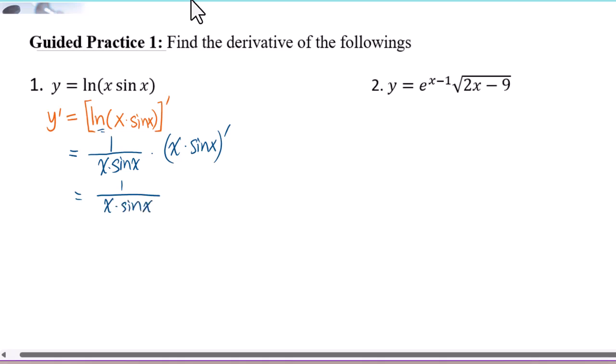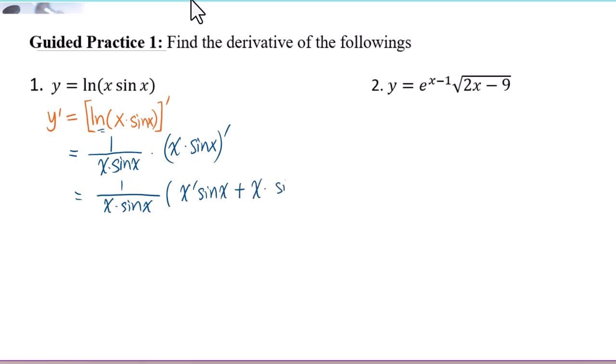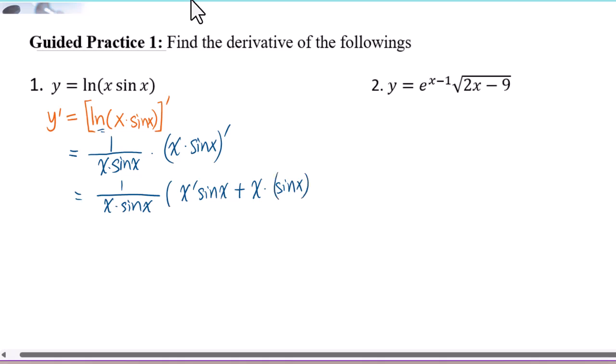We will use the product rule. x prime times sin x plus x times sin x prime equals 1 over x times sin x, times x prime is 1. 1 times sin x is sin x, plus x times cosine x.